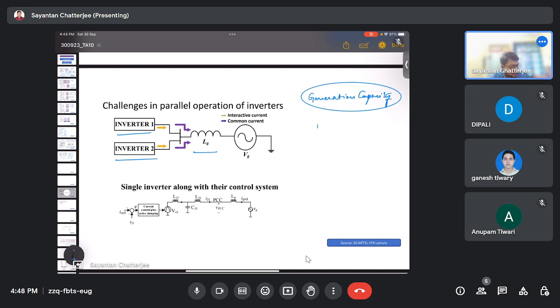So parallel connected inverters are analogous to current sources in parallel. So that's the overall objective.